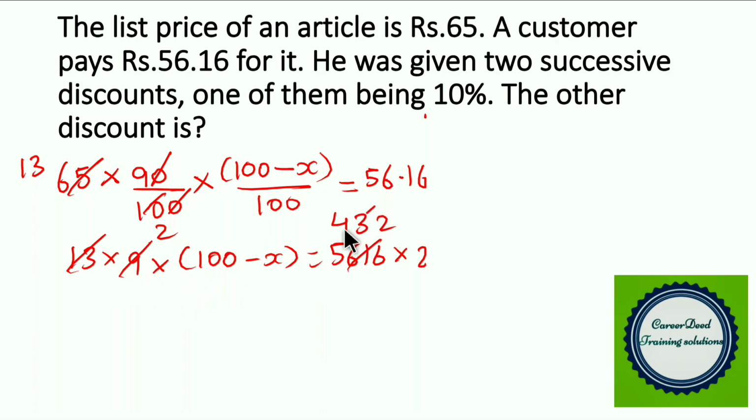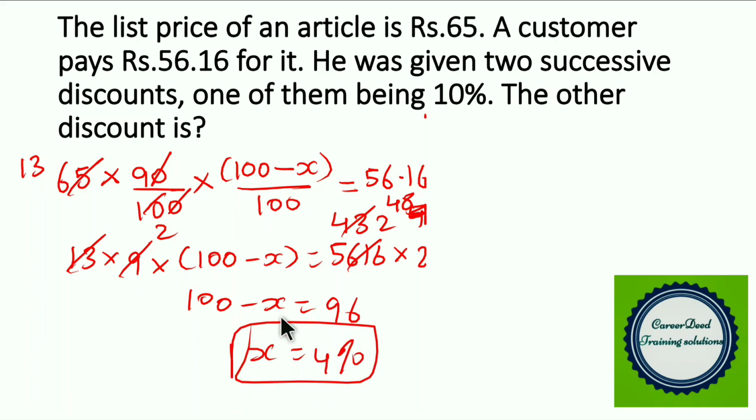Okay, 9 and 432 for how many times? 4 times 36 and 8 times 72. Okay, 48. Now 48 into 2 you get 96. So 100 minus x equal to 96, where x equal to 4. So this 4% is nothing but the second discount the shopkeeper provided. So answer for this question is 4%.